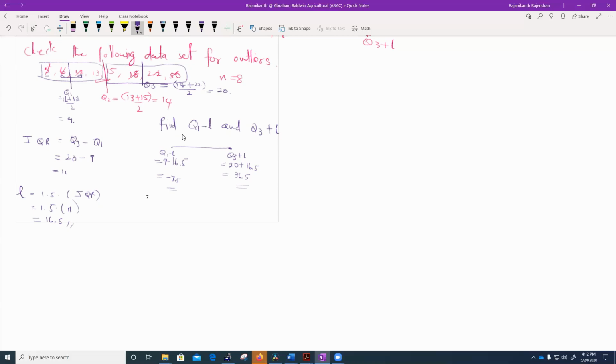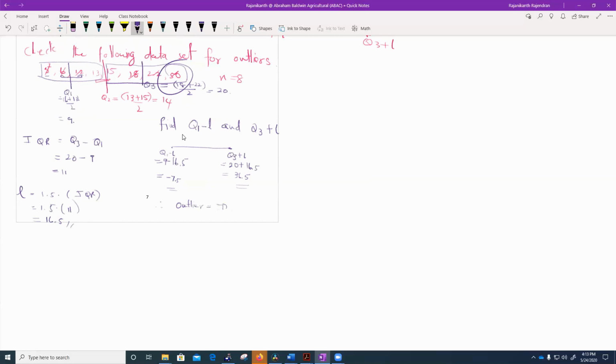Yes, I find one number, 50, which is bigger than 36.5. Therefore, that number is going to be the outlier. I have only one outlier for this problem, right? So the outlier is only one number, which is 50.